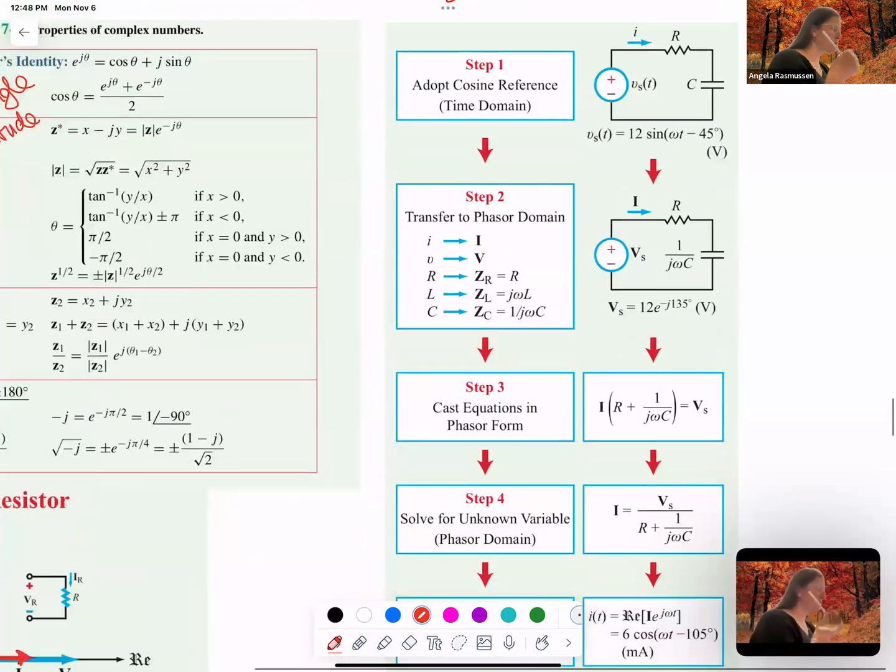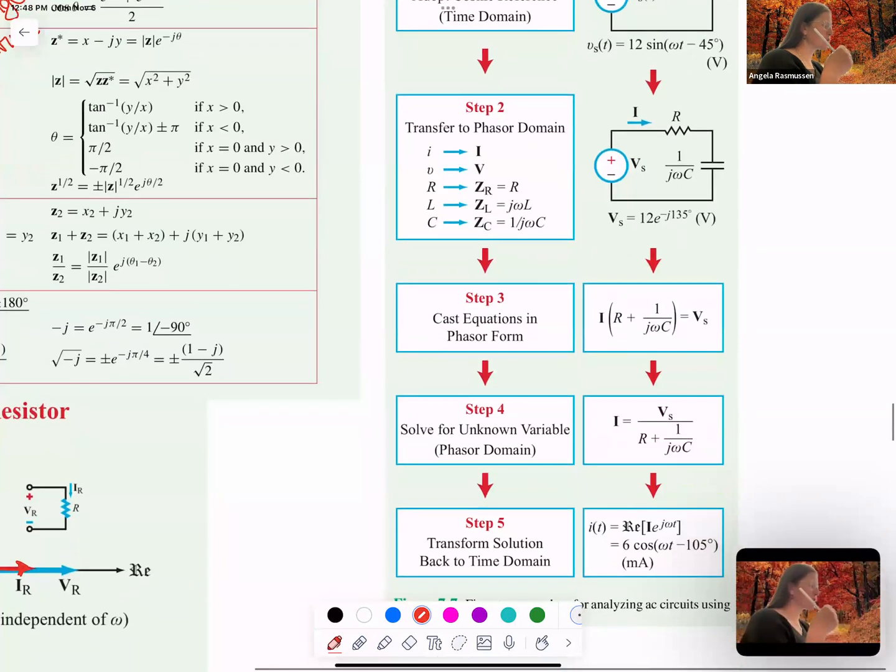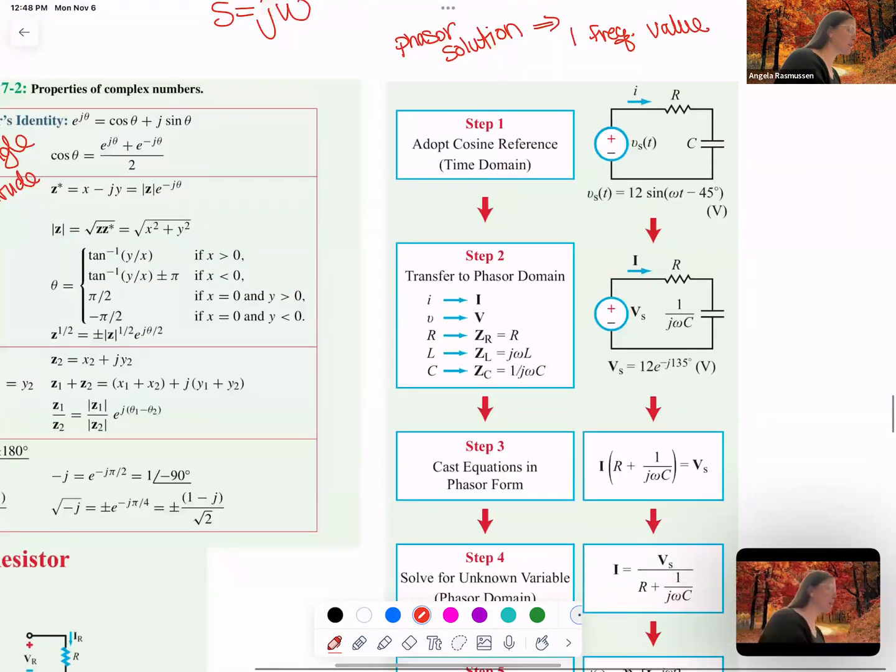If you remember from phasors, transferring to the phasor domain, you have to do it in J omega form. That omega will be the one frequency of your input, and the input determines the frequency. So frequency never changes. You have to put the input into a cosine form. If it's sinusoidal, you have to move it to a cosine with some shift. Or it could be an addition of a whole bunch of cosines.